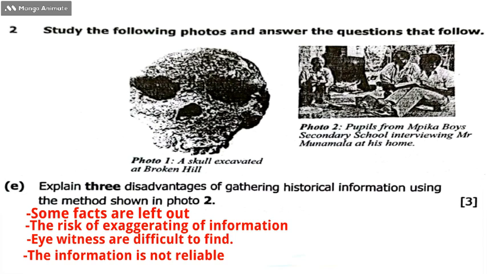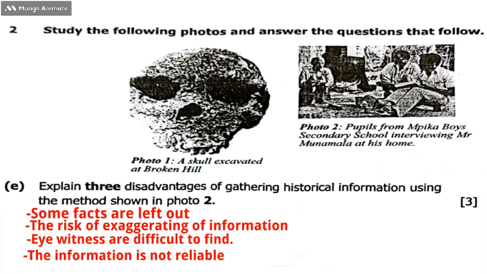One will tell you something, and when you interview the other person, they will say something that contradicts what the first person said. So the information will not be reliable. You can't rely on such information because two eyewitnesses are giving you two different accounts, so it won't be possible to rely on it.